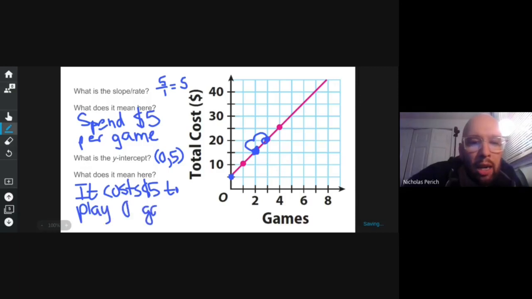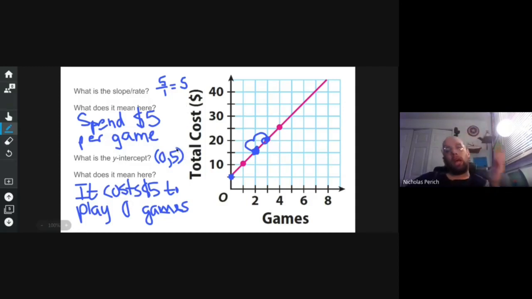Or you can say at the beginning, I've already spent $5. Or as long as you say something to the effect that this 0 has to do with games and that 5 has to do with cost, as long as you say something that $5 for 0 games, you're in good shape.